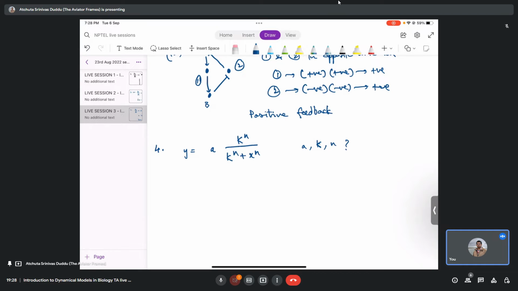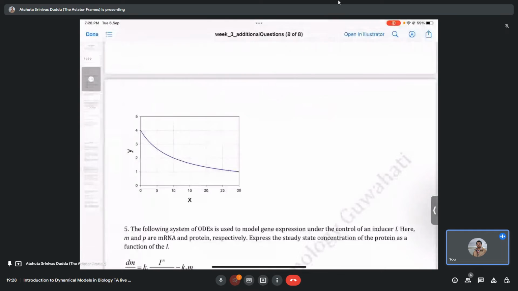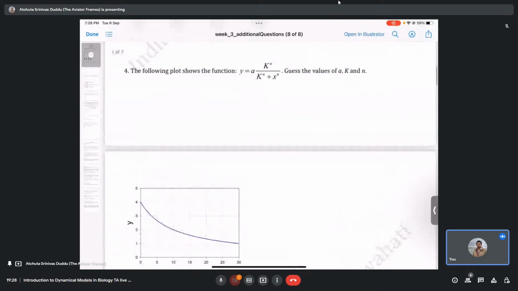So yeah, from the graph here, if you see, it's essentially a function which is falling down continuously.